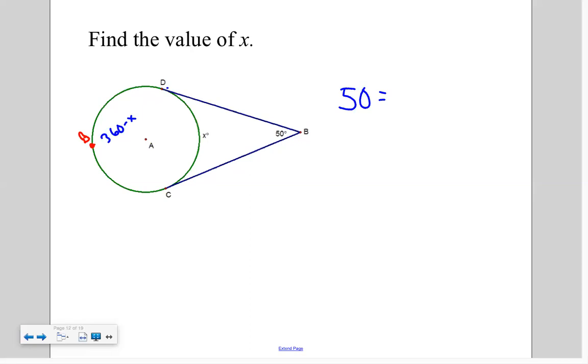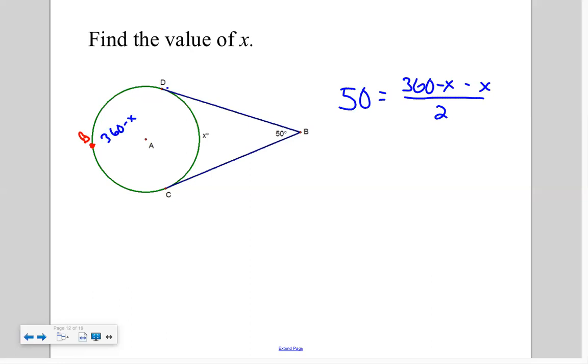Well, we know the other major arc would be 360 minus 50, so it'd be 310 degrees. We don't know the actual value of this yet, but we do know that it is 360 minus x. So that's the big arc minus the small arc, which is another x, divided by 2.